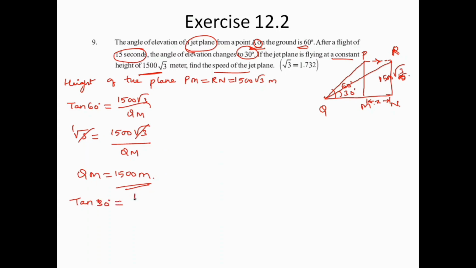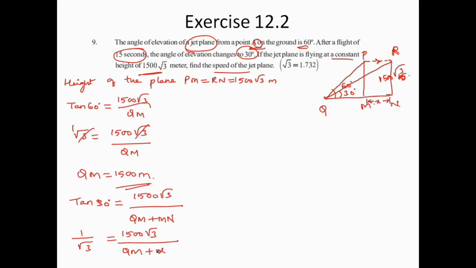is what it is, your opposite by the length of QM plus MN. I hope this is clear to everyone. The value of tan 30 is 1 by root 3, equal to 1500 root 3 by QM plus MN.